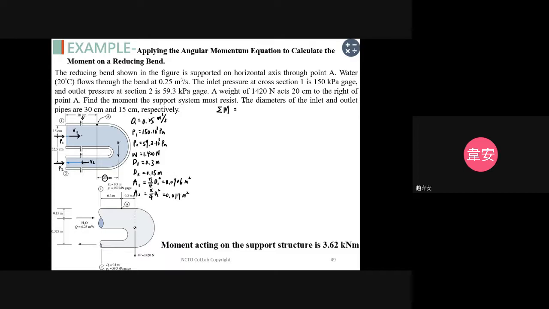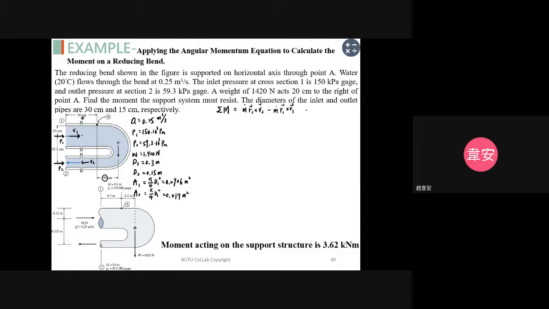Okay, so we know that the outflow angular momentum minus the inflow angular momentum. So we have the M rate, R2 cross V2, minus the M rate, R1 cross V1.